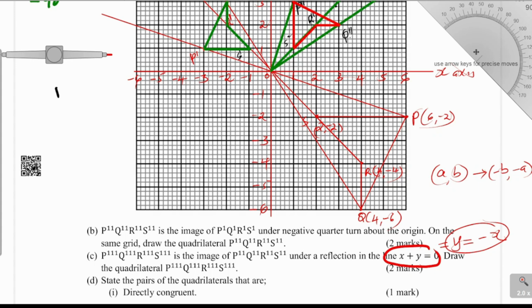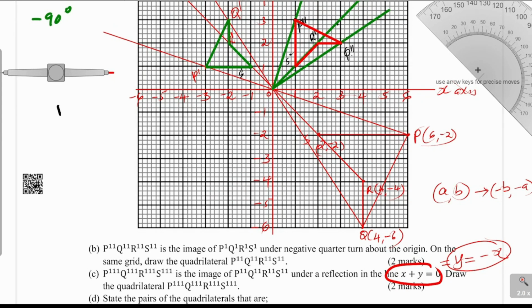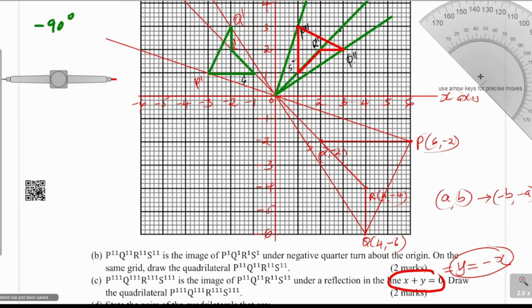So in short, the easiest way is by simply identifying the coordinates. We'll do this one. This is P2, which is (1, 3). Under this reflection, it will become (negative 3, negative 1). Under the reflection y is equal to negative x, the x and y coordinates interchange and they change the sign.